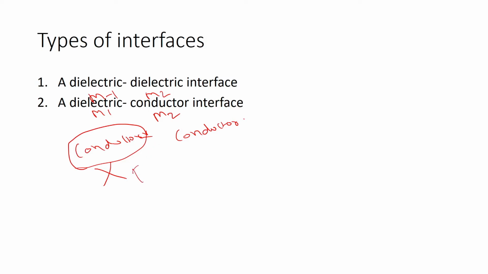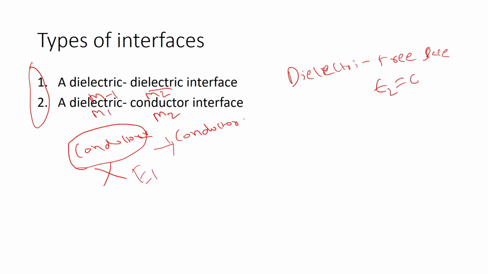So inside medium 1 it would be 0, and there is no question of it propagating to conductor 2. Therefore, these are the two interfaces we discuss. Of course, a dielectric-free space interface can be the same as a dielectric interface where epsilon 2 is equal to epsilon naught. So these are the two interfaces we discuss in this module.